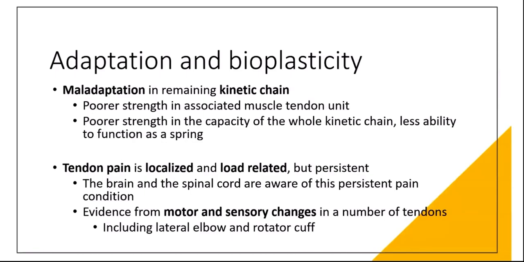Of course, we have to look at things from a bigger perspective, because tendinopathy can also result in a maladaptation in the remaining kinetic chain. You get poorer strength in the associated muscle tendon unit. You get poorer strength in the capacity of the whole kinetic chain, and less ability to function as a spring. Yeah, remember, that was an important function of a tendon.